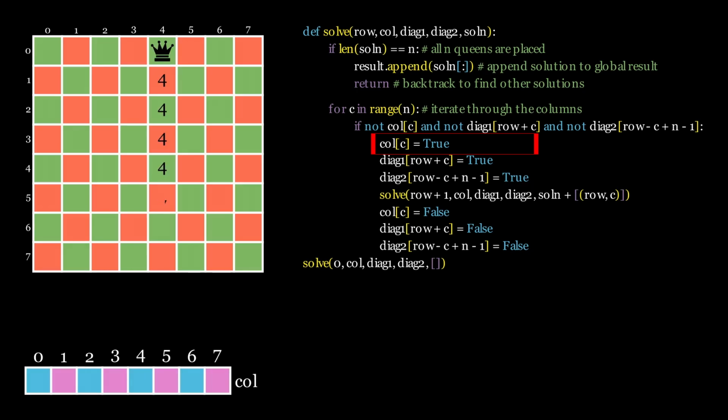When a queen is placed, we will mark the corresponding index of our Boolean column array as under attack.